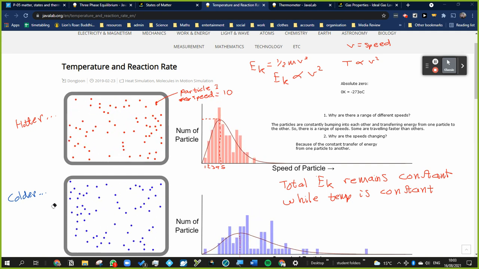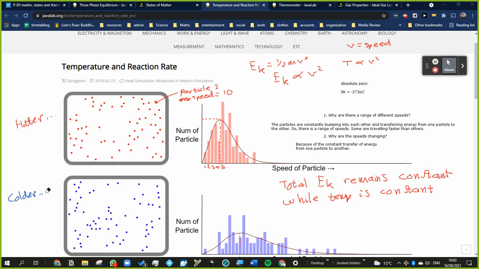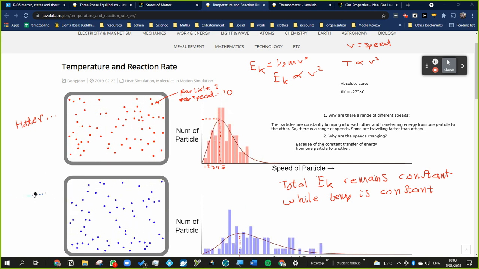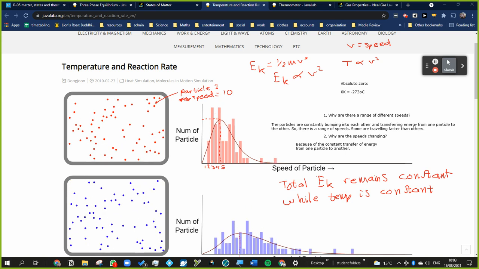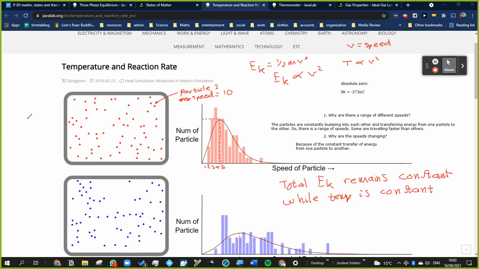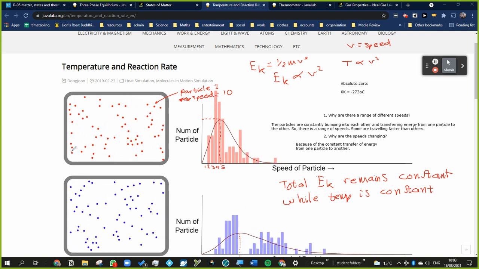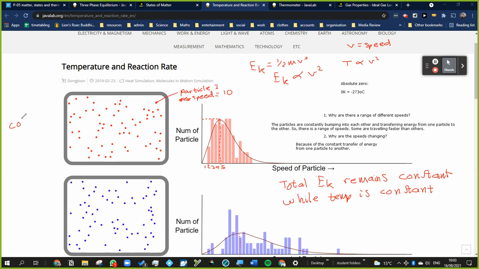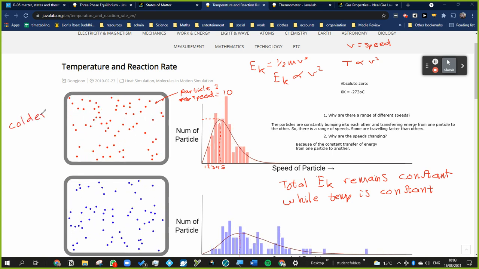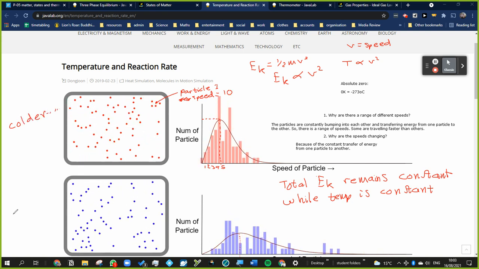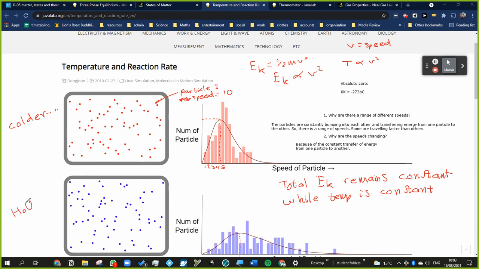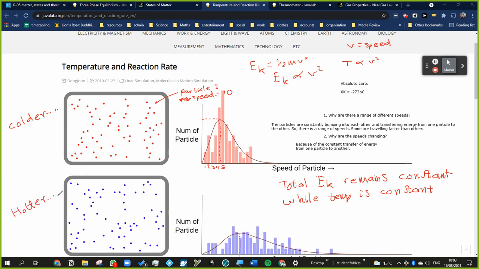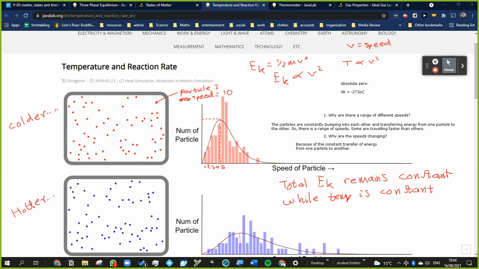I just assumed the blue was colder, but no, it's the other way around. I don't know why they use those colours. That's very confusing. Everybody knows red normally means hot. So this is colder. Everything I've said is still fine, but I'll explain the difference. I'll just use red again for hotter.